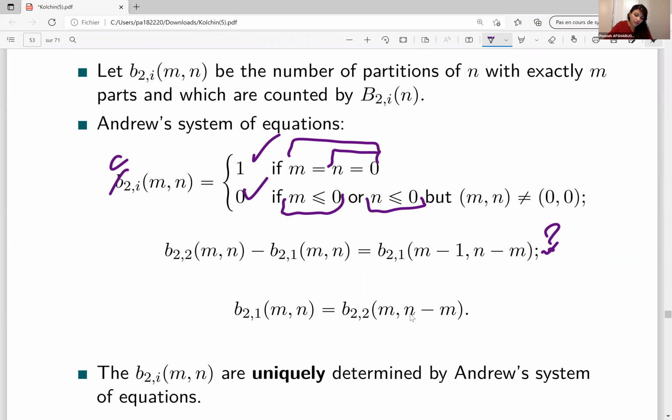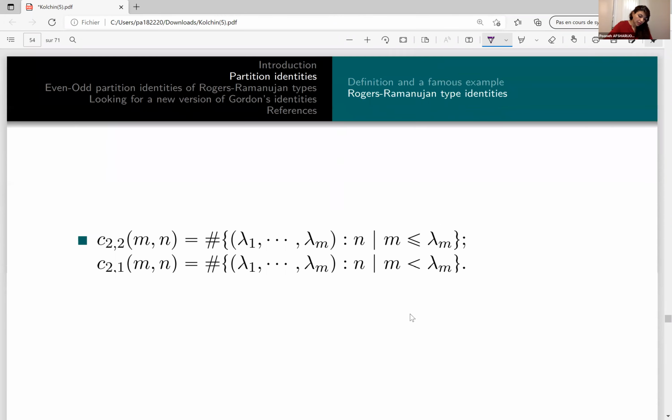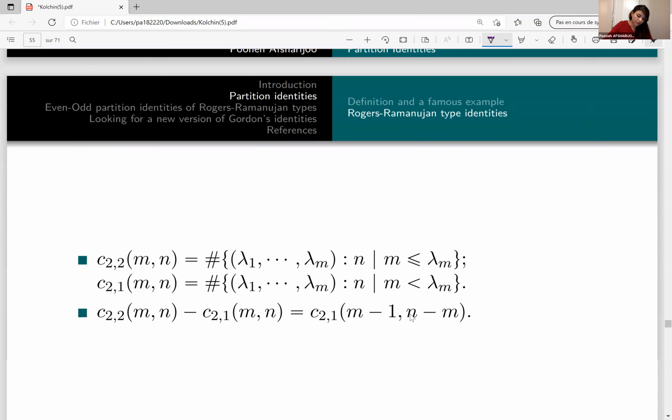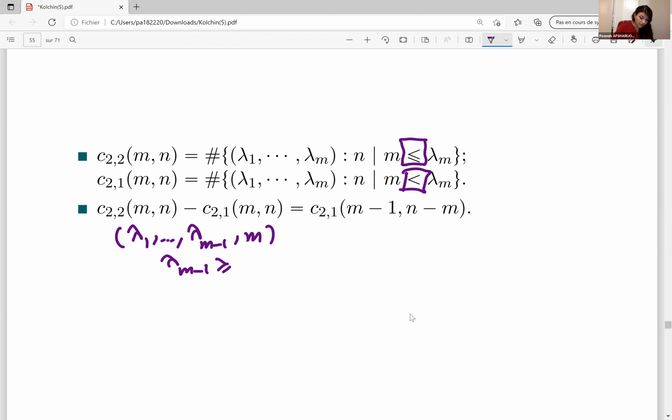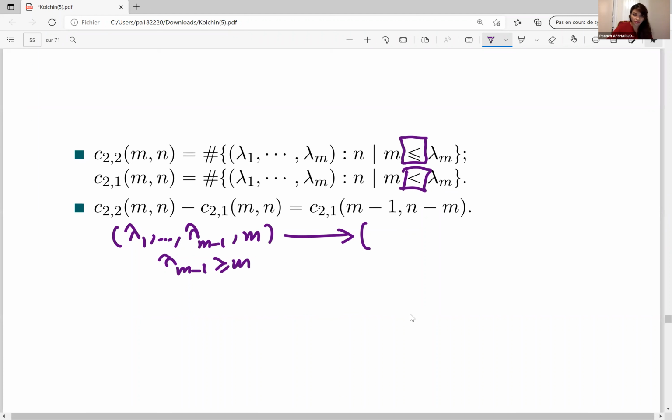In order to prove the second one, note that if I remove the partitions which are counted by C_21(m,n) from those which are counted by C_22(m,n), what remains is the partitions with exactly m parts and whose smallest part is exactly equal to m. I transform such a partition by removing m from it.